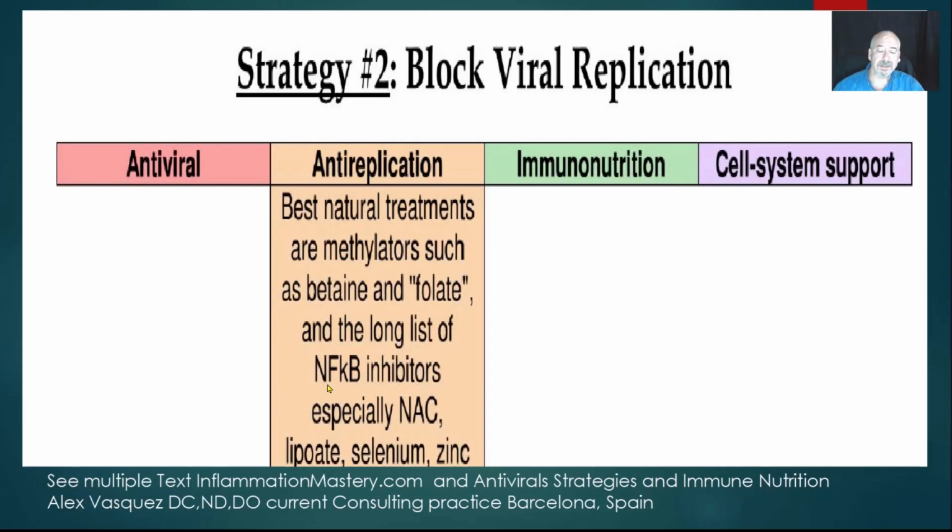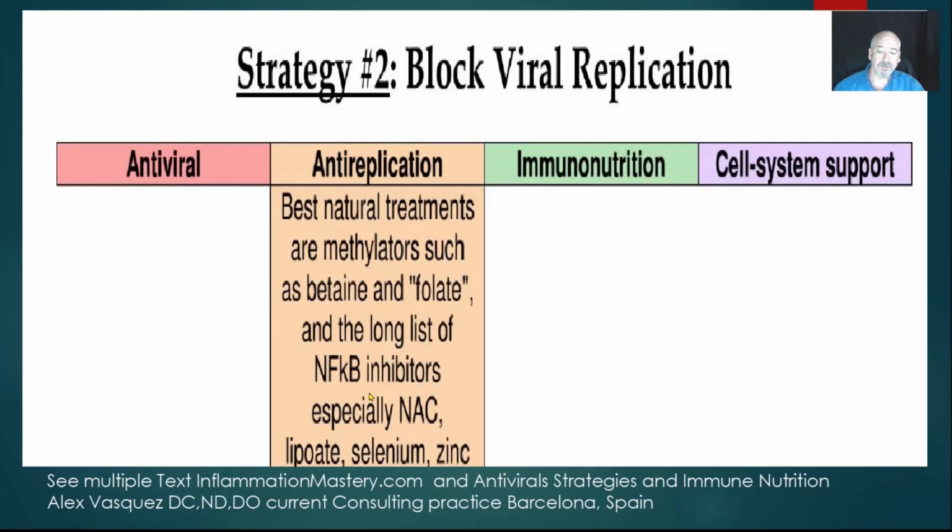We know now that things that keep our nuclear factor kappa B inhibited are beneficial. N-acetylcysteine has benefits not only because of its anti-replication effect, but also because it's a major support to the intracellular glutathione system to reduce reactive oxygen stress. This is the same mechanism as vitamin C, which works as a scavenger for reactive oxygen stress.